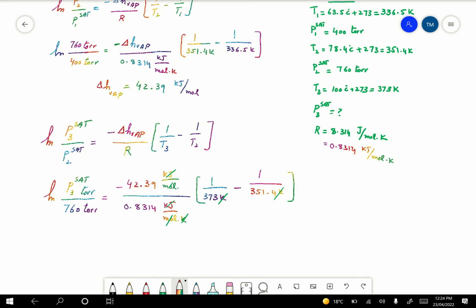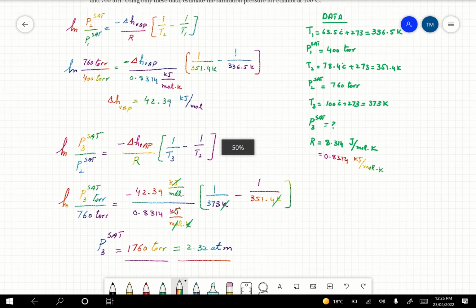As a result you will get P3 sat equal to approximately 1760 torr, and that is equivalent to 2.32 atm. So basically this is your answer in terms of P3 sat.